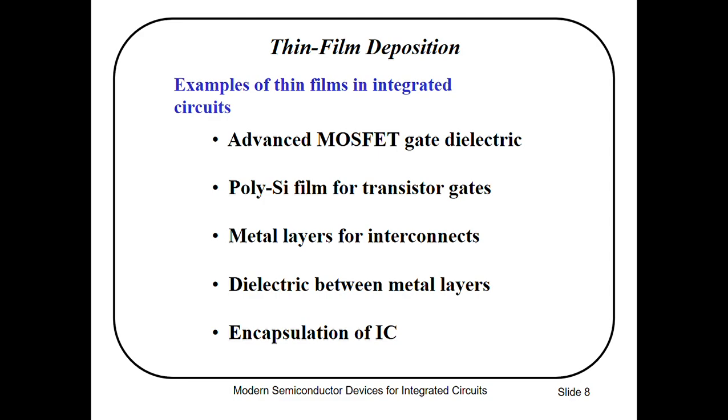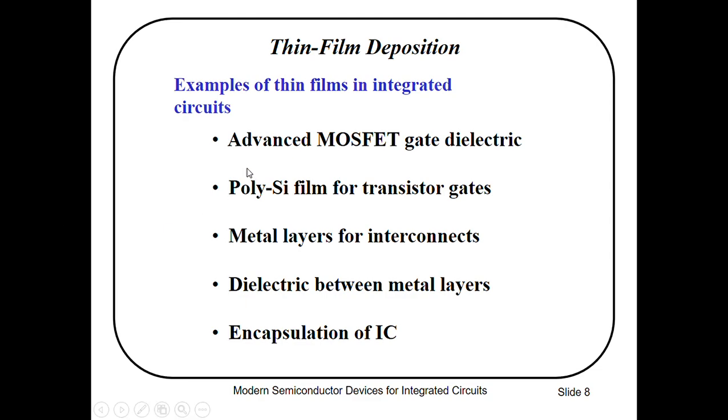Thin film deposition. Silicon nitride, silicon dioxide, silicon and many other types of metal thin films are deposited during IC fabrication. Deposited films are usually not single crystalline.